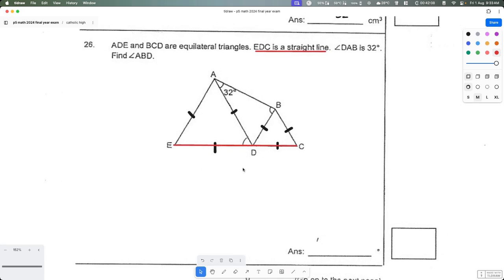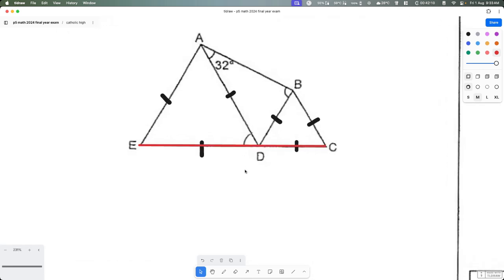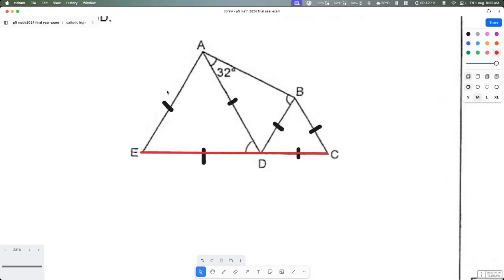What we know is that since both of these are equilateral triangles, they are the same. So that means this is 60 degrees, right? Equilateral, all their angles are 60.